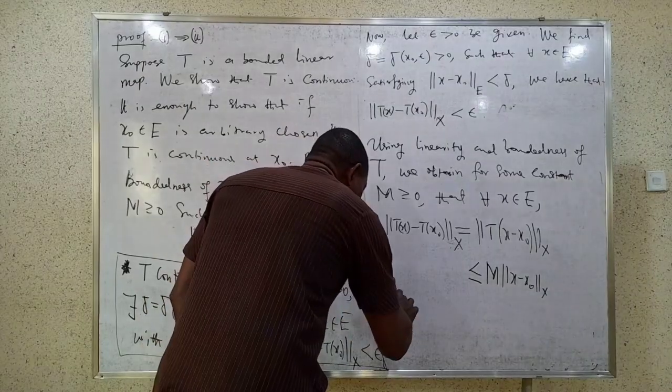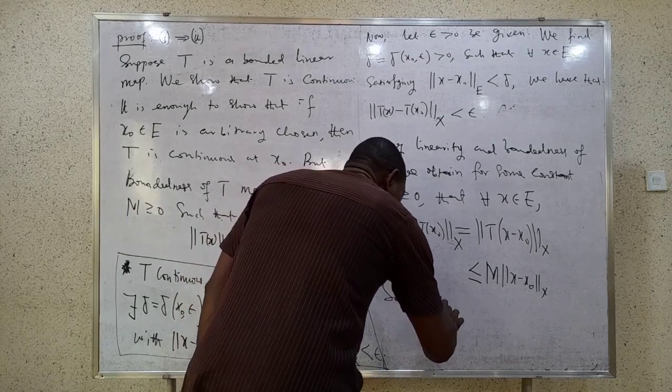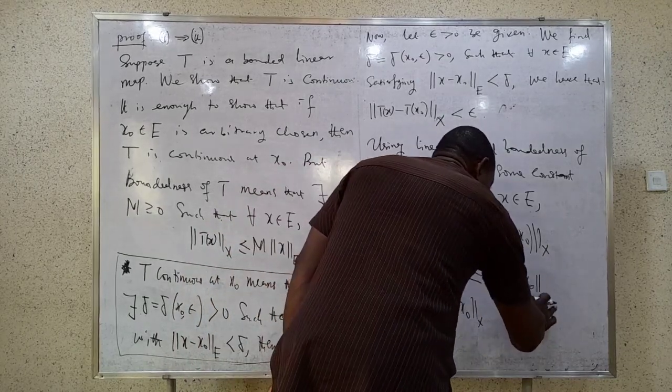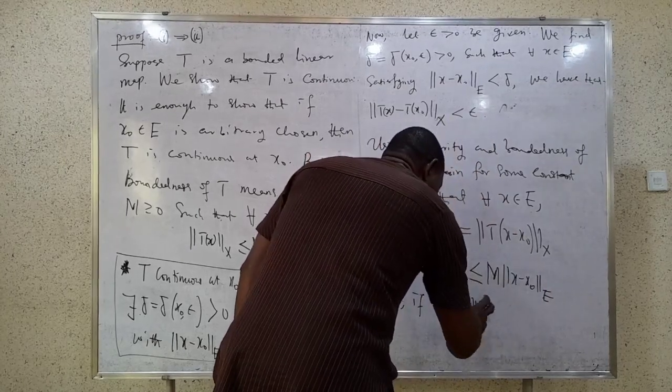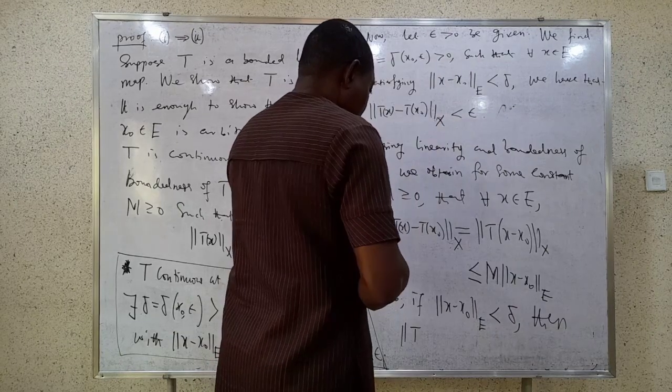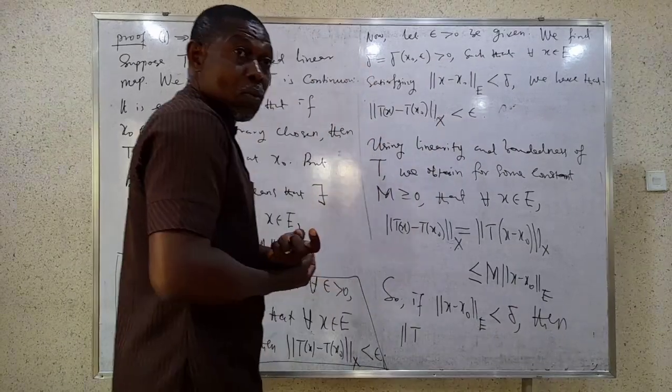So, if norm of x minus x naught in E, sorry, if this is less than delta, T is mapping from where to where?